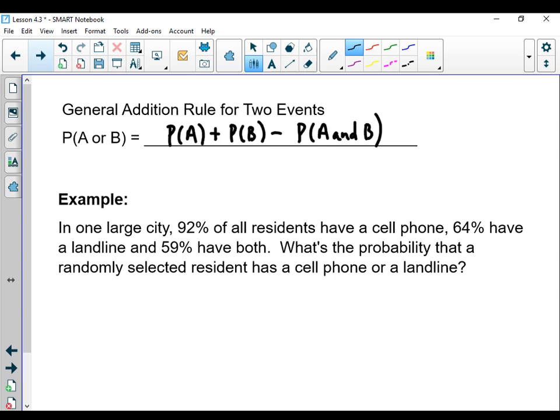So if I look at this next example, it says, okay, in a large city, 92% of all residents have a cell phone. 64% have a landline, and 59% have both. We want to know what's the probability that a selected resident has a cell phone or a landline.